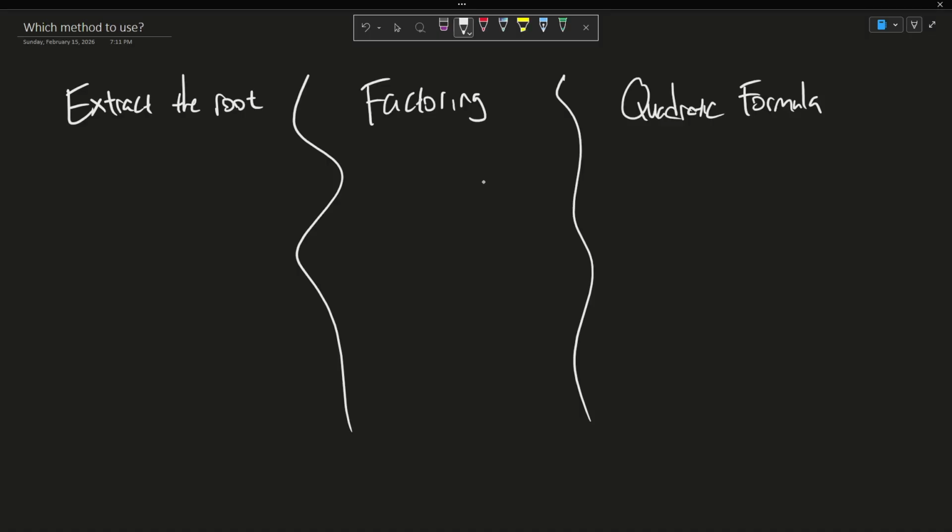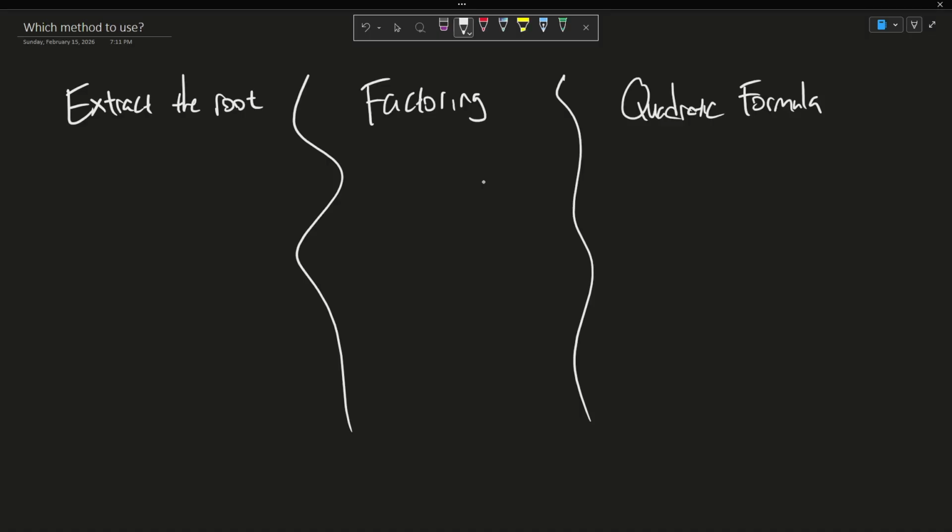So right now we're going to look at how do we optimize our time, how do we optimize our efforts to make sure we're choosing the easiest possible path to the right solution. And all these methods may not work for all scenarios, but some will be best for some scenarios.